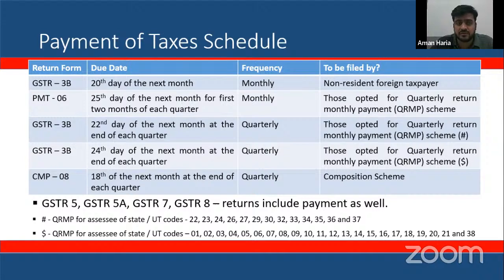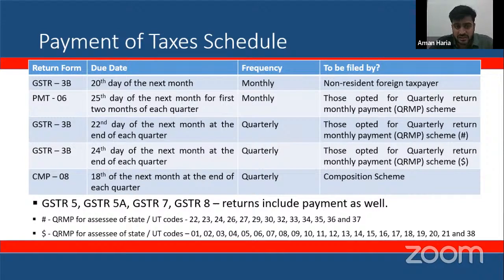Similarly, if there is a payment on account of some internal calculations that they have done with regards to output and inward, then on 25th day of the next month, they are expected to pay tax. So for April, they will be expected to pay tax by 25th of May. For May, by 25th of June.